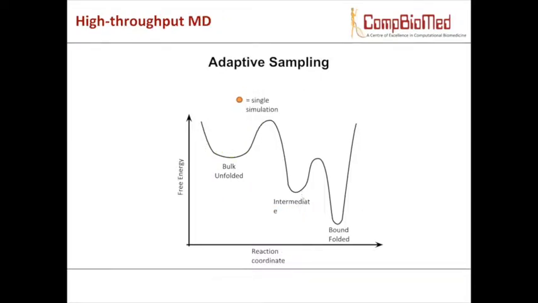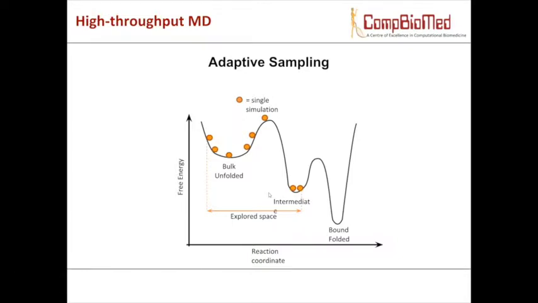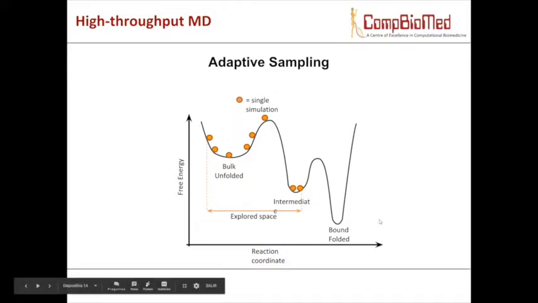So there's this technique called adaptive sampling, which seems very intuitive. When you have all your explored space, you analyze your data and try to decide from where you want to respawn the new simulations. So for example, in this example here, one would want to respawn from here, which is the newly discovered space, in order to be able to reach the bound state, folded state, whatever.